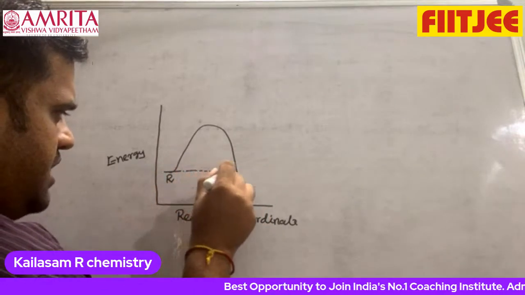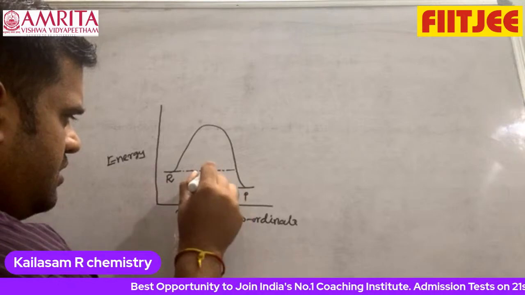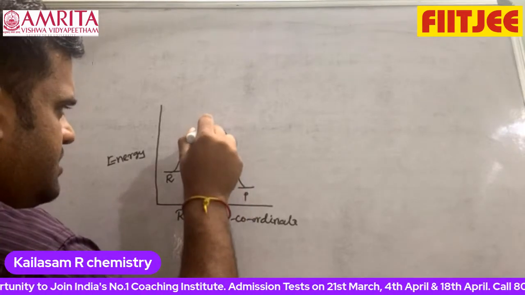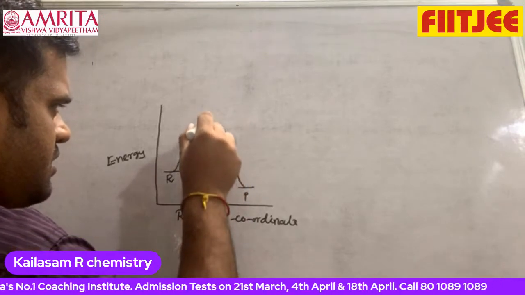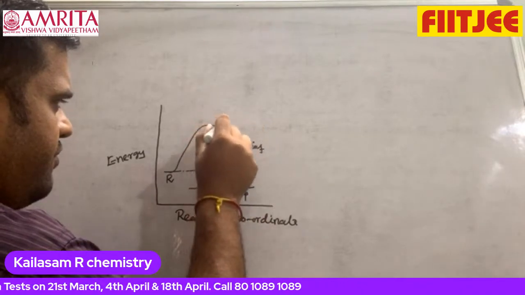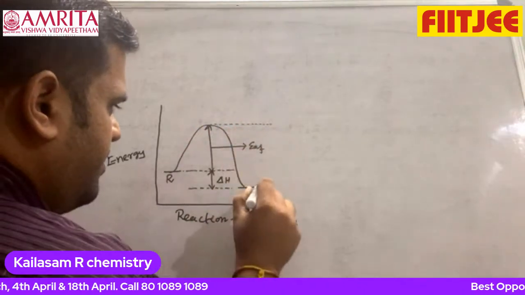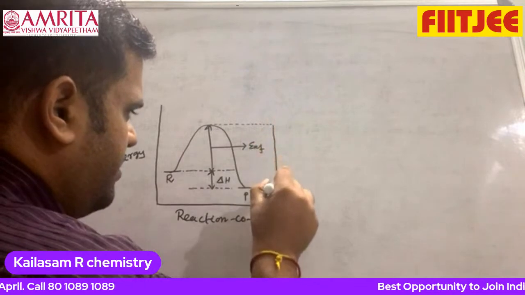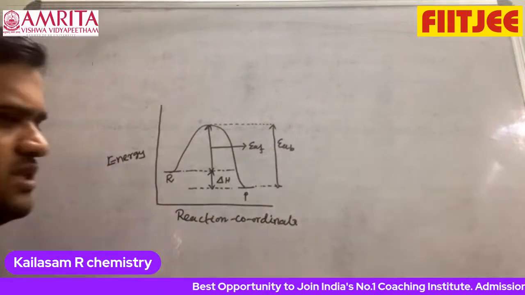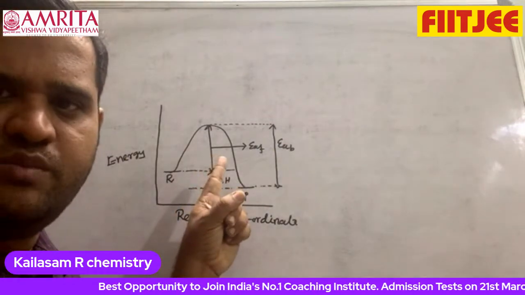Now I can say this is delta H. Now I can say this is called EAF, and this is nothing but EAP. That means this is taking the example of an exothermic reaction.